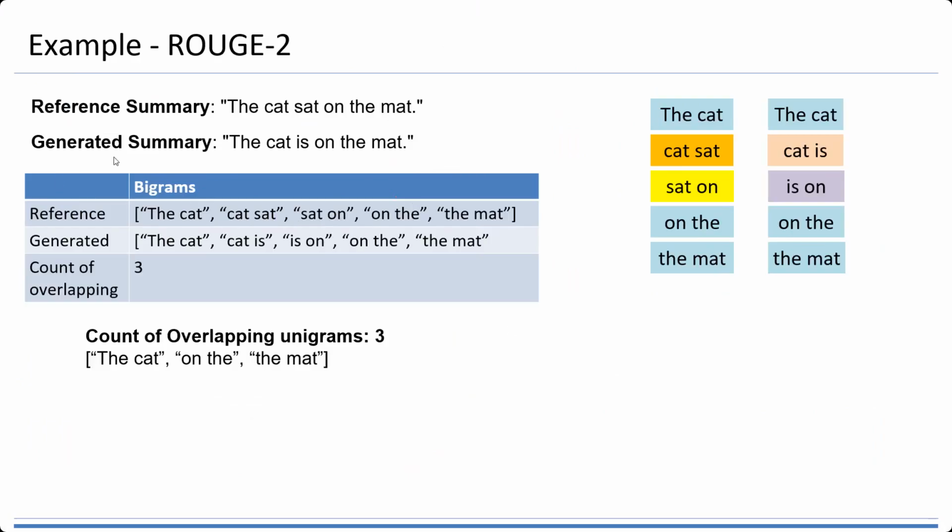Now, let's take a look at ROUGE-2. 2 means bigram. If we have 2, we will create every 2 words: the cat, cat sat, on the mat. The other is also the same: the cat is on the mat.